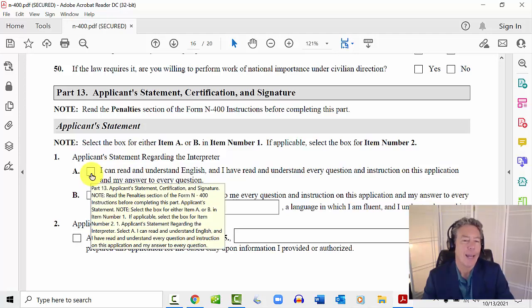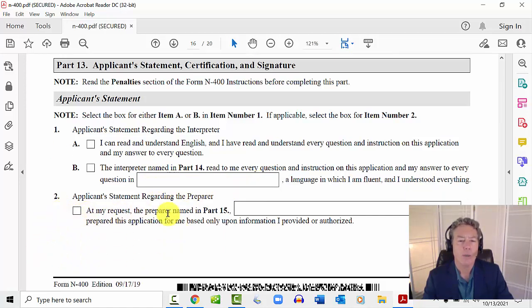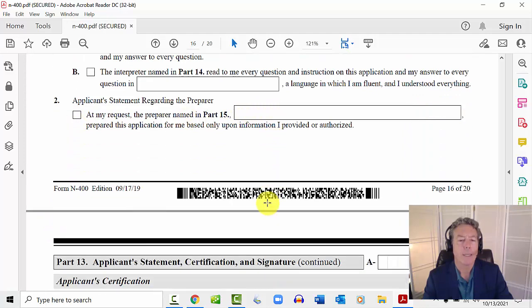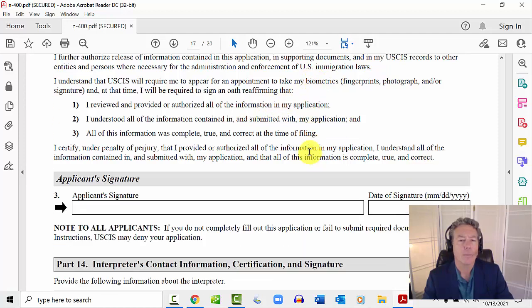That's what most people are going to say. But if you need an interpreter, then you're going to hit this one, and then you're going to speak the language. And then here's the preparer's section, the name of the preparer here. And then here's the certification saying everything's true.